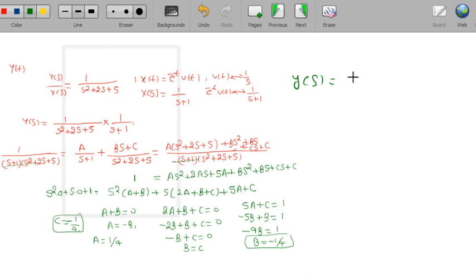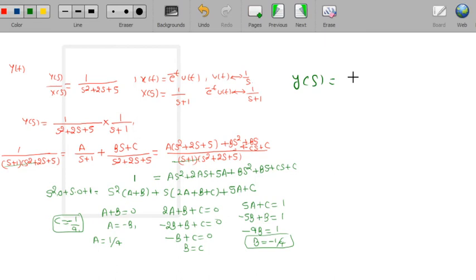This becomes 0.25 upon s plus 1 minus 0.25 s upon s square plus 2s plus 5 minus 0.25 upon s square plus 2s plus 5. Correct, my friend? We can write s square plus 2s plus 5 as s plus 1 whole square plus 2 square.